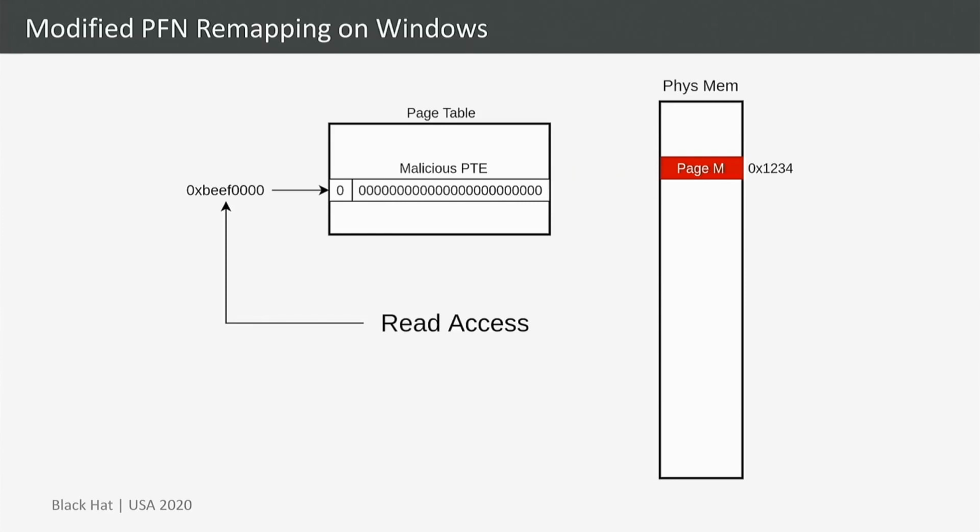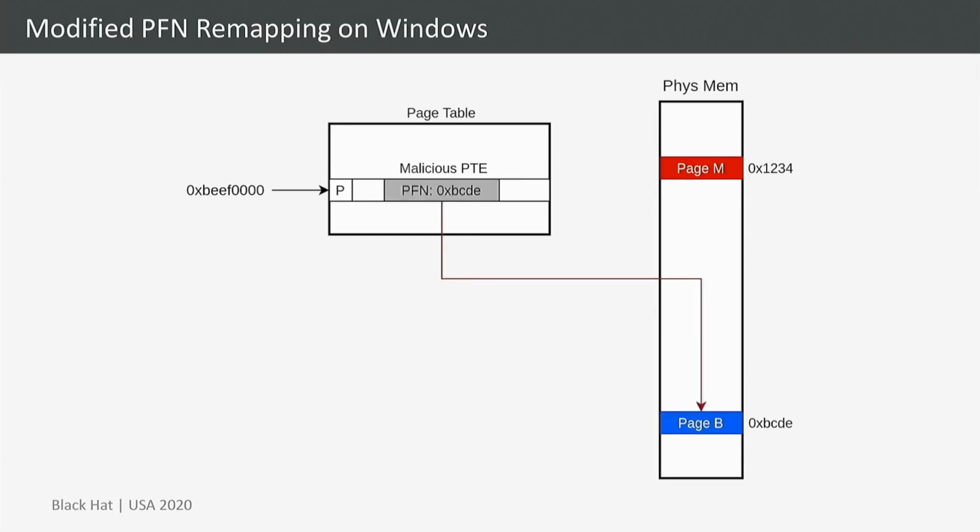After that, we are doing a read access to this virtual address, which will lead to the creation of a new page, because the operating system will think there's not yet been any page created for this virtual address, so we are creating it. That means that after that we have two pages which correspond to this PTE. And after that we are simply switching between those two pages in order to hide and unhide our malicious memory. By that we are preventing the process from crashing if Yara scans it.